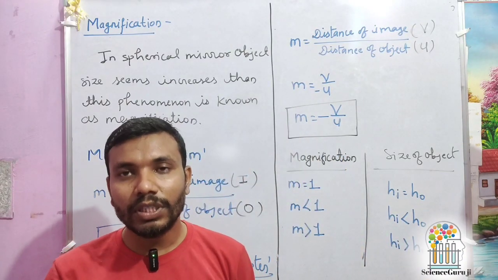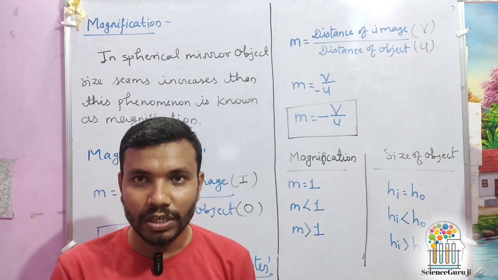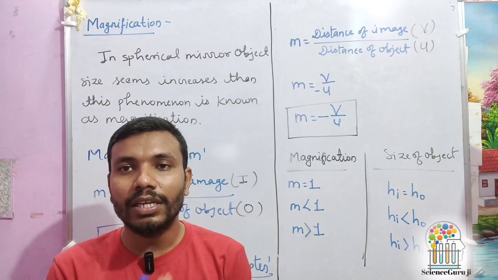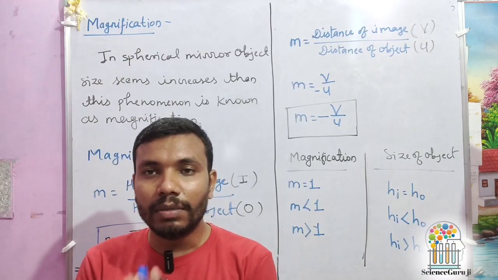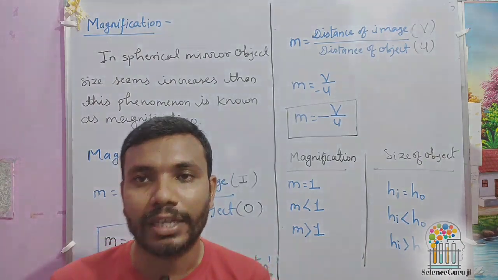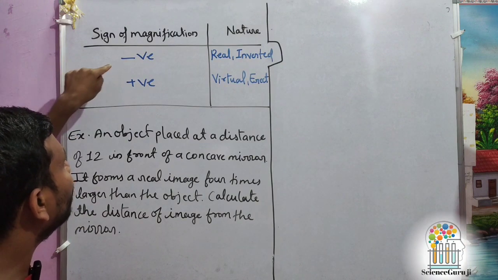One more thing we have to understand is sign convention. Here we have to understand the sign used with magnification and which kind of image is being formed.